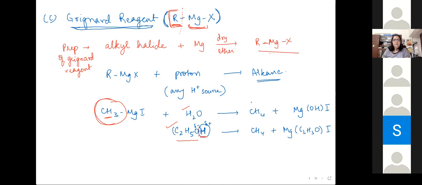So another example. Can you predict the products formed from this?